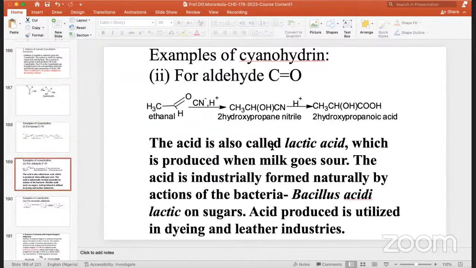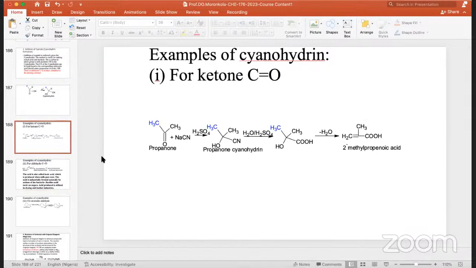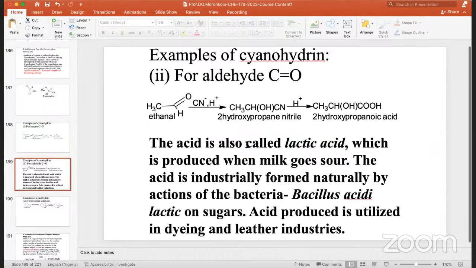Now, the next one is the reaction I'm trying to give, and at the same time we are trying to see the importance of that reaction. The one we checked here is a ketone. Now for aldehydes, what happens? The same thing occurs.